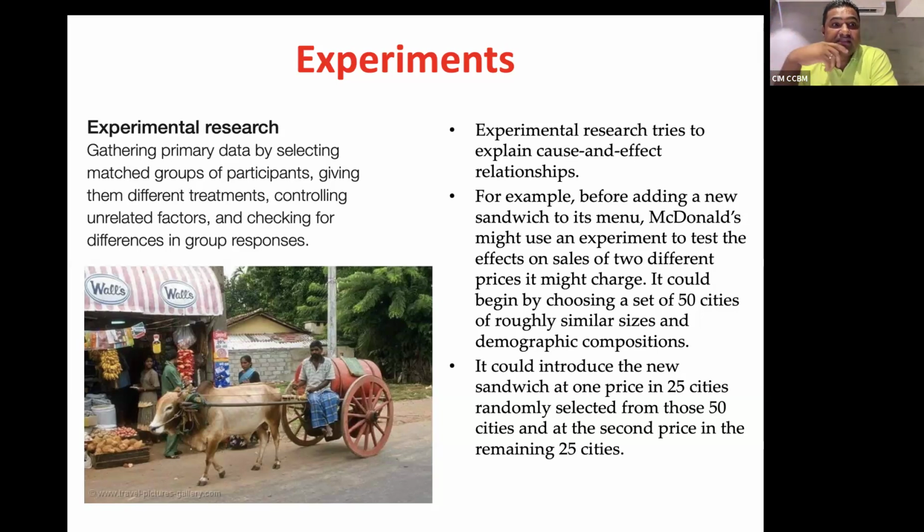So experimental research is gathering primary data by selecting groups in your target audience, giving them different scenarios or treatments, and controlling certain factors. In the Walls case, they controlled the number of outlets, checking for different kinds of behavior or responses. Experimental research tries to explain why people behave in a certain way. So that is an example.